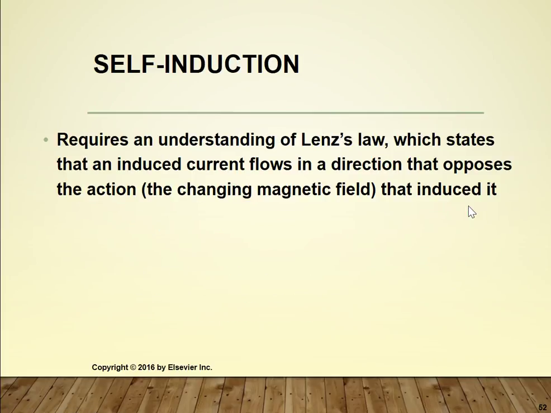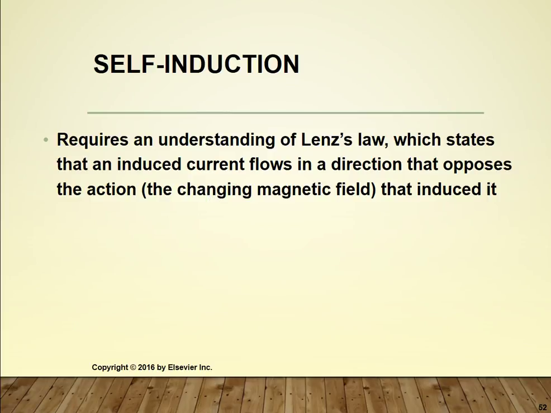Self-induction is a bit more complex, so you need to understand something called Lenz's law. It states, an induced current flows in a direction that opposes the action that induced it. So in this case, that action is the changing magnetic field.